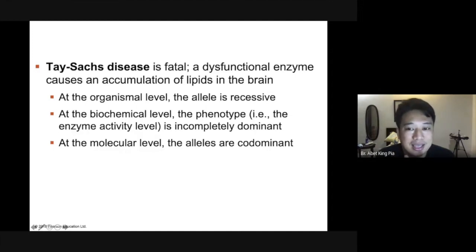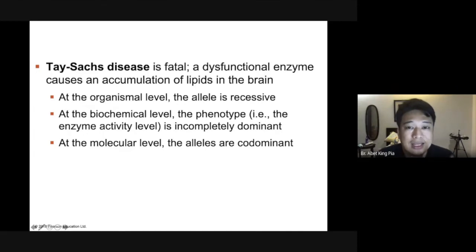Kahit na sabihin mong at the biochemical level, pinakita yung incomplete dominance, pag in the organismal level, may recessive gene, or hindi present yung recessive gene sa both alleles, then hindi pa rin siya observable. Alright? That's why may different levels si Tay-Sachs disease.